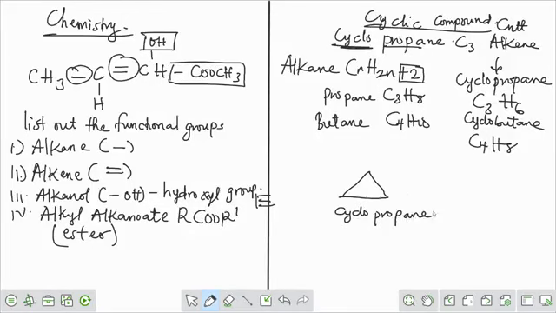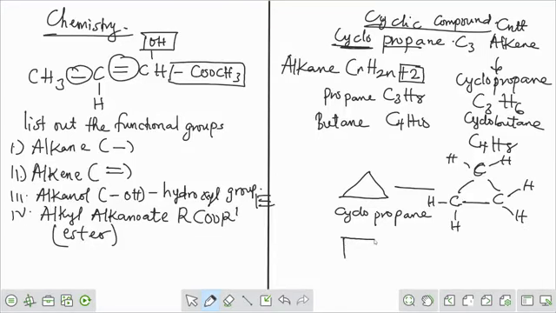If they ask me to draw it in another way, I can draw it like this. Look at it. You see it? This is carbon, this is carbon, this is carbon. And I draw hydrogen like this, hydrogen like this. Though they may not ask you something like this, I just want you to know.